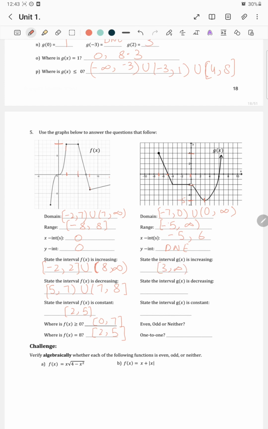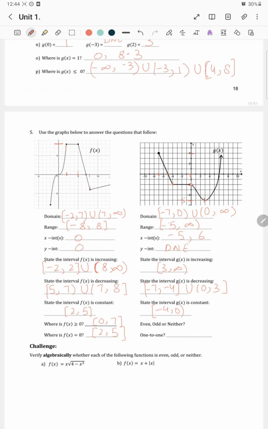G of x is decreasing from minus 7 to minus 4, union 0 to 3. Interval where g of x is constant: from minus 4 to 0.